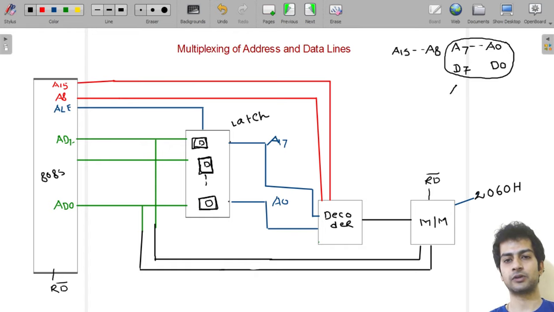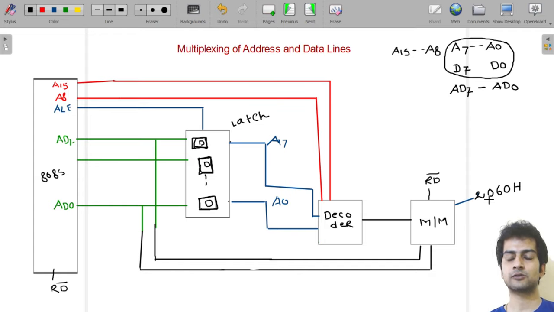So we denote it as AD7 to AD0, A for address, D for data. It is multitasking, because it will act as an address line as well as a data line on different occasions. Now see how it is done.